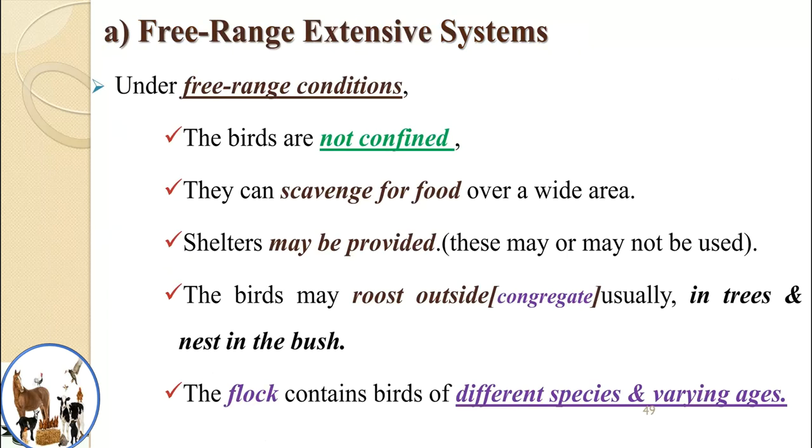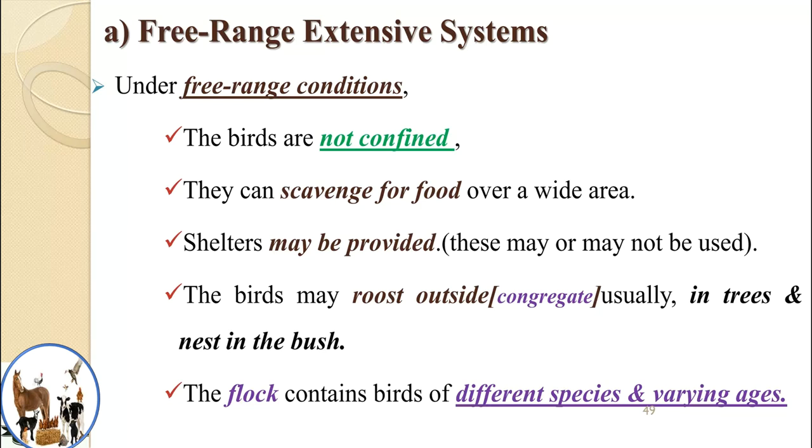Free range means that birds are not confined to a single cage or any confined area or room, but they can scavenge food over a wide area. So they are called scavenging birds. Shelter may or may not be provided.